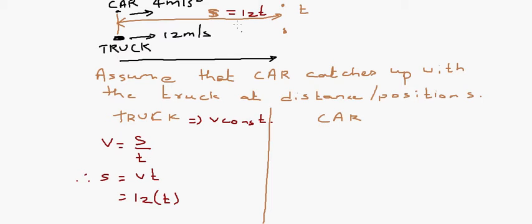Now, what is this distance going to be with respect to the car? For the car, there is acceleration. We know the initial velocity for the car, that is 0. We know the acceleration, that is 4 meters per second squared. We have to find time, and we have to find distance.